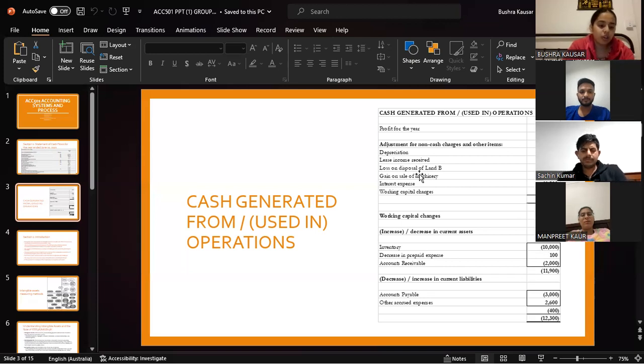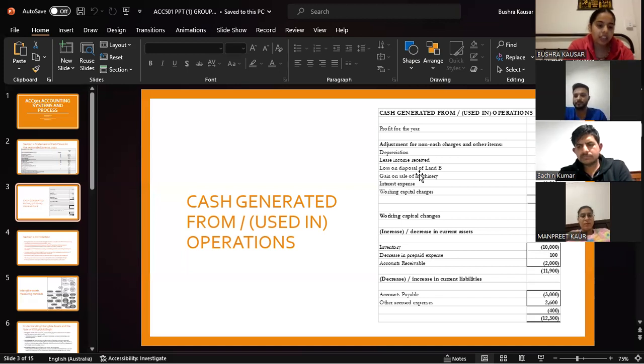The third point is loss on disposal of land, a non-cash expense that is added back to net income because it reduced profit but not cash. The fourth is gain on sale of machinery, a non-operating gain that is subtracted from net income.